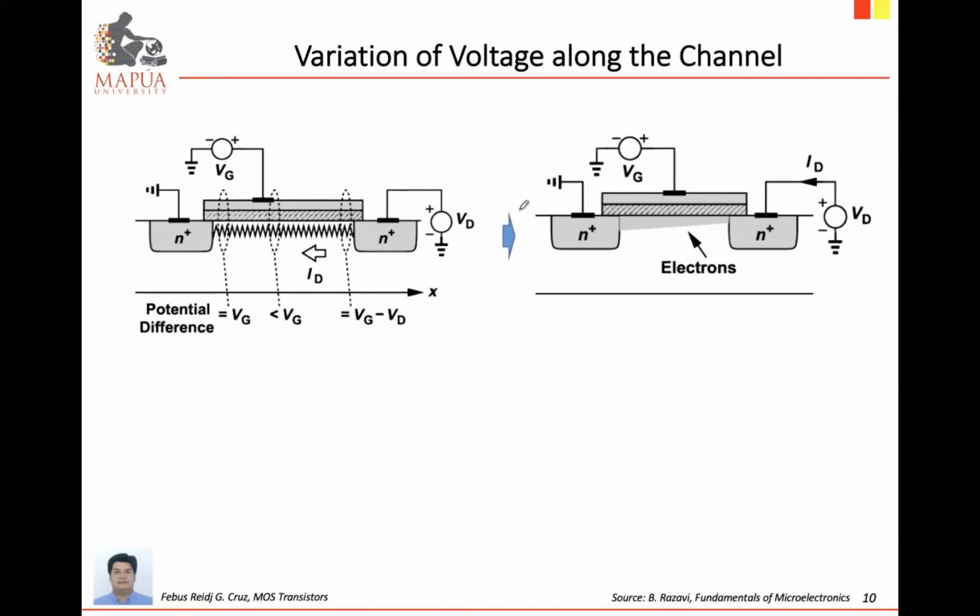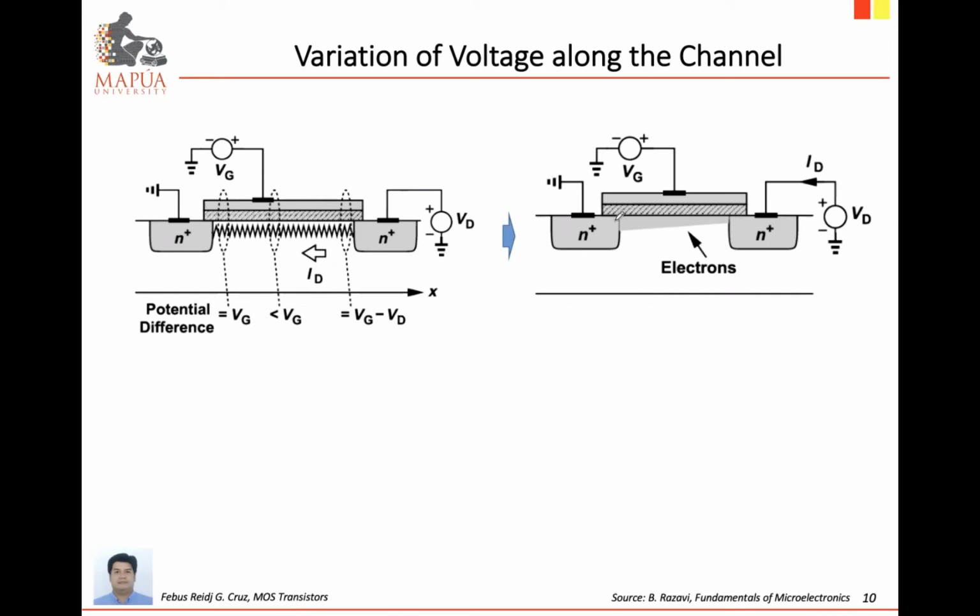All right, now again, knowing that the voltage along the channel is not uniform, but rather it is changing along the channel, then the amount of electrons will also not be uniform. The channel formed will not be rectangular, but more trapezoidal in shape.